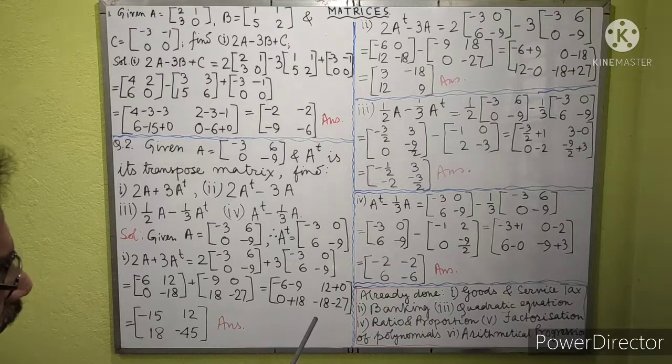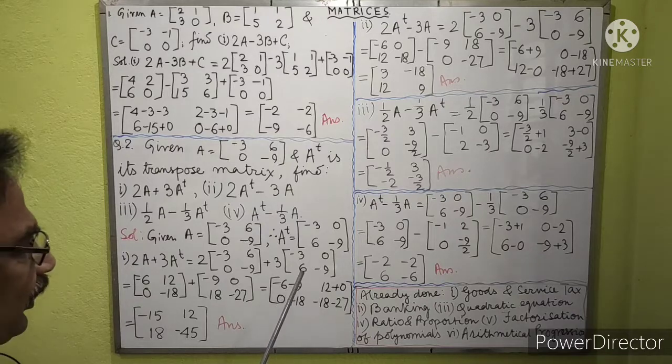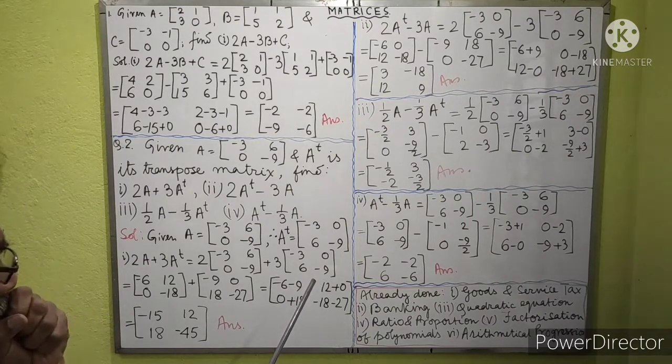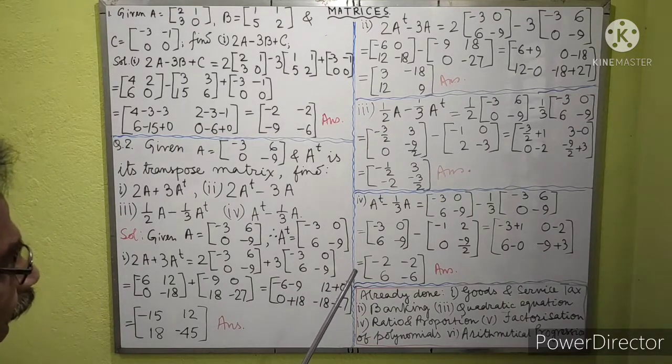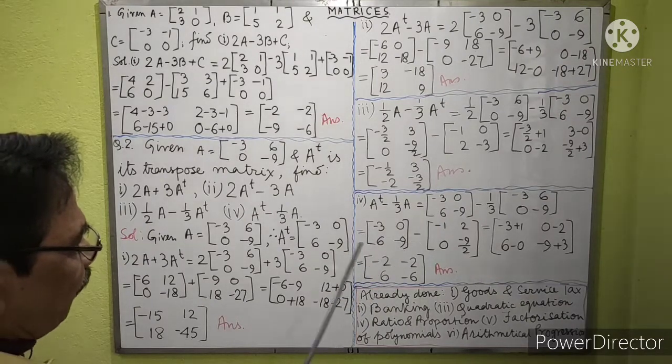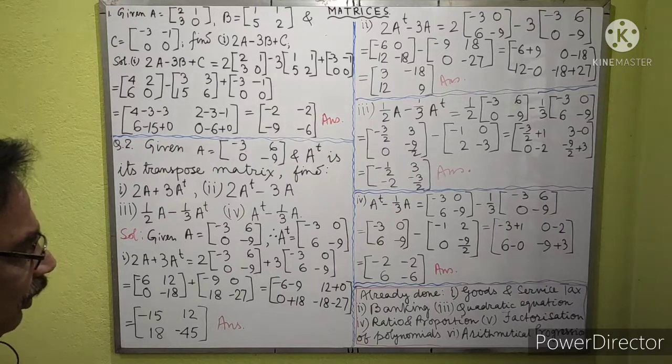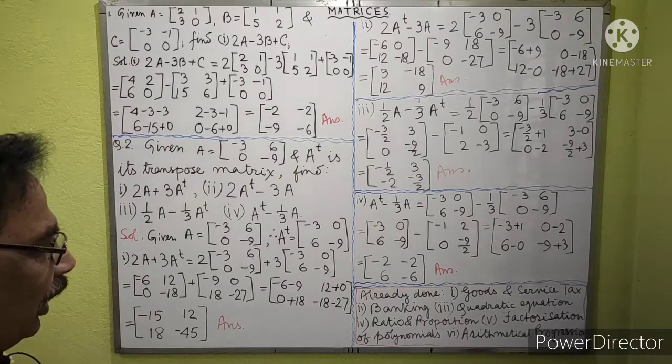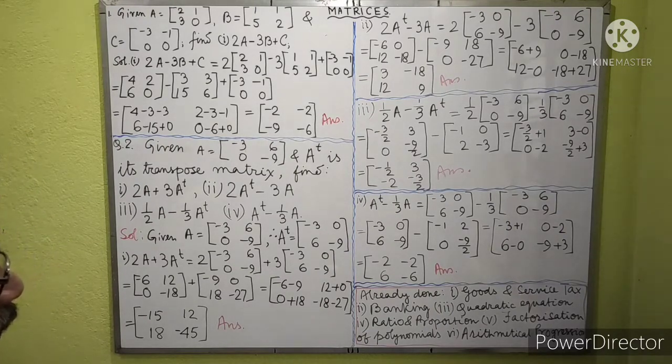Question number 4. It is given AT, that is the transpose matrix of A, minus 1/3 of matrix A. This is the transpose matrix of A. It is [-3 0; 6 -9]. And 1/3 of A is 1/3 of [-3 6; 0 -9].